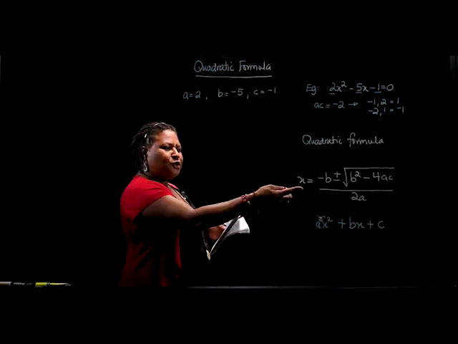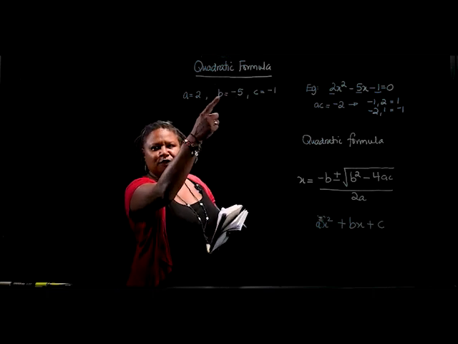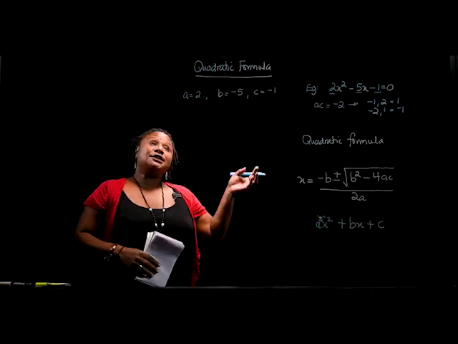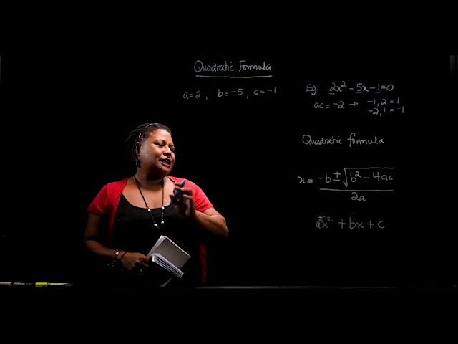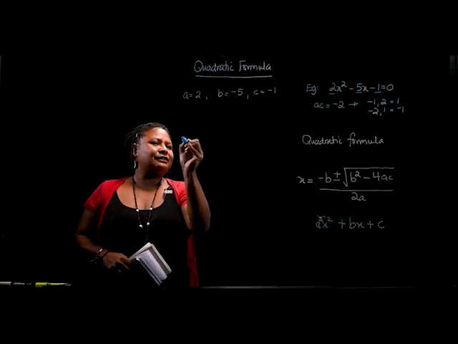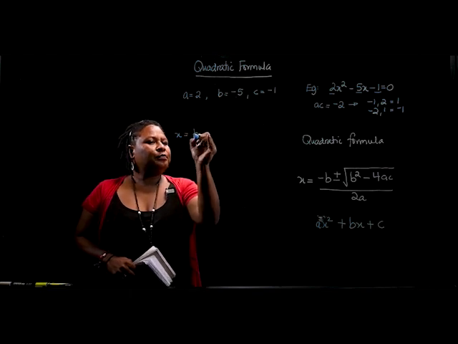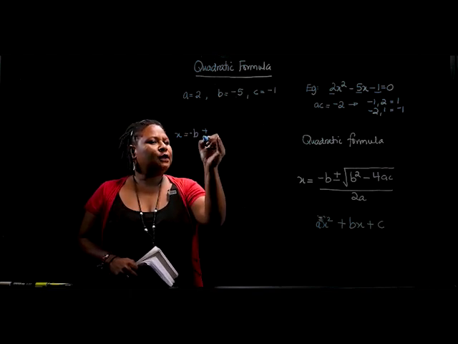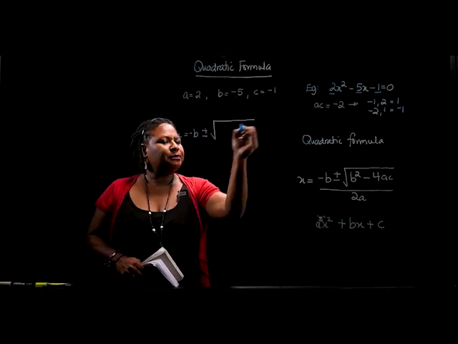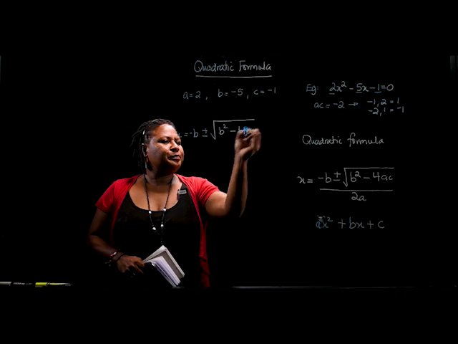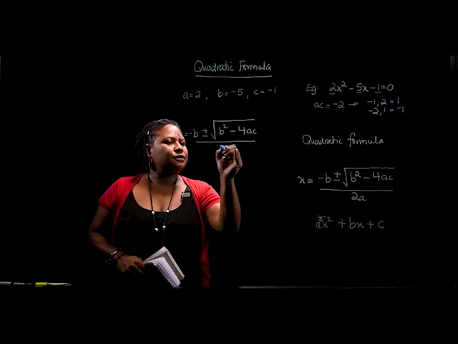In order to use the formula, we simply substitute these values into the formula so that we find the solutions for x. So x is equal to negative b plus or minus the square root of b squared minus 4ac, over 2a.